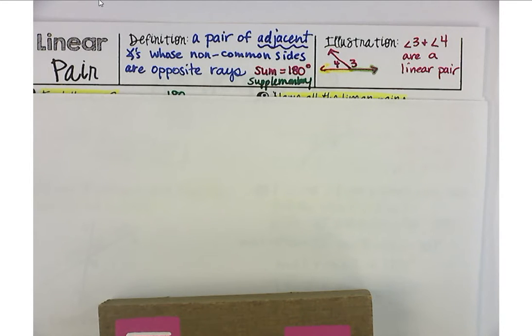Alright, so the important thing to remember about a linear pair is that they add up to 180 degrees.